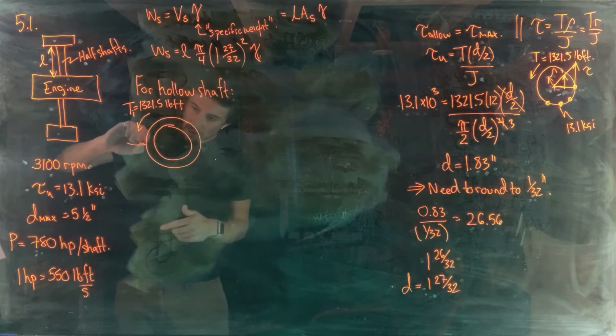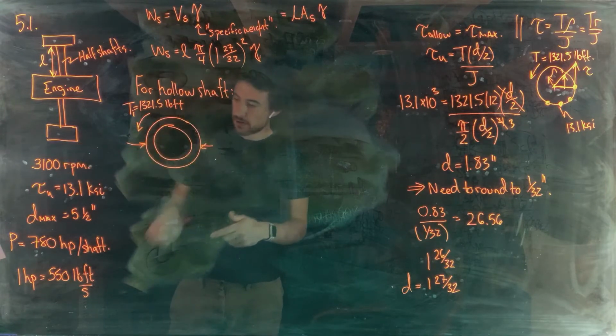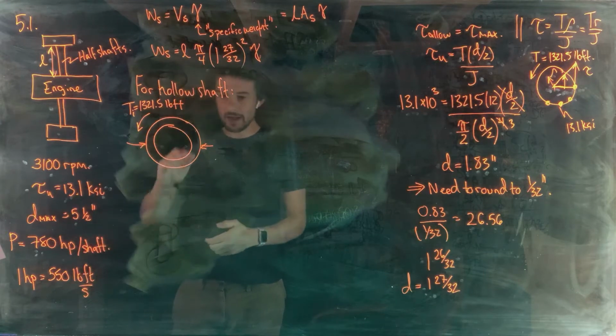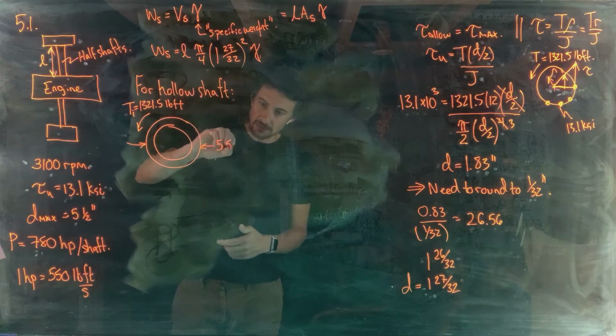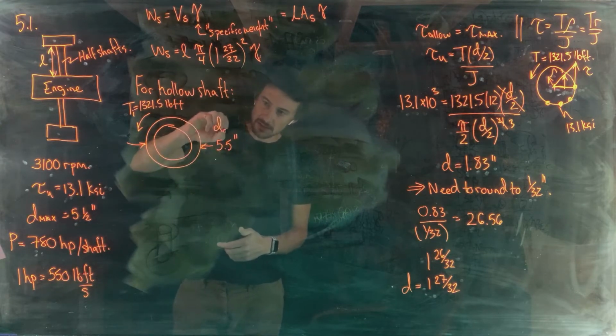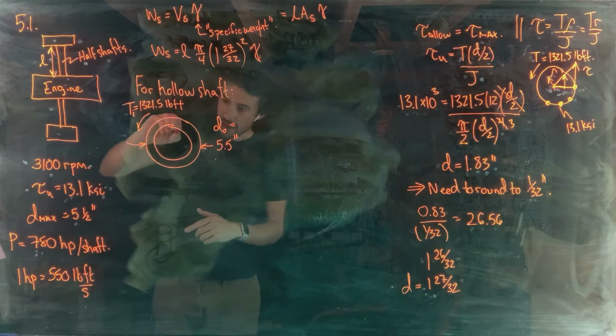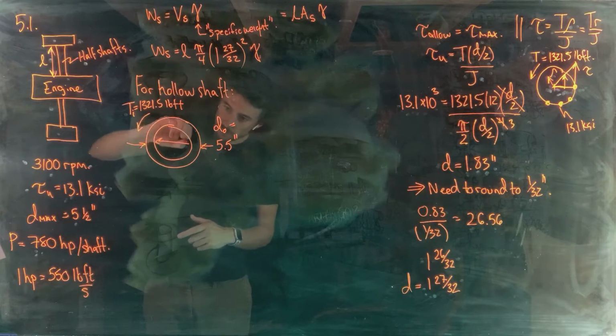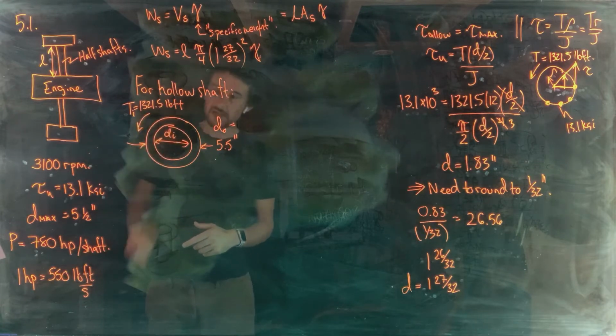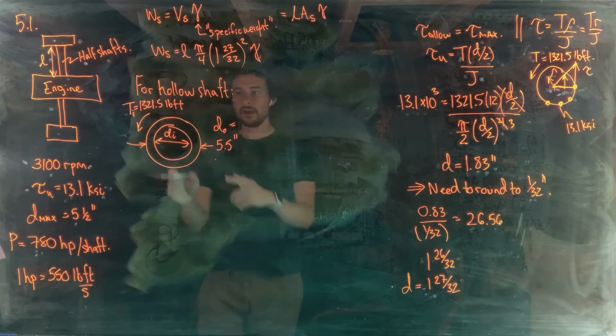So we make our outer diameter the full 5.5 inches that it's allowed to be. Okay, so this is our outer diameter. We're going to set that equal to 5.5 inches. And then we're going to figure out what our internal diameter can be.